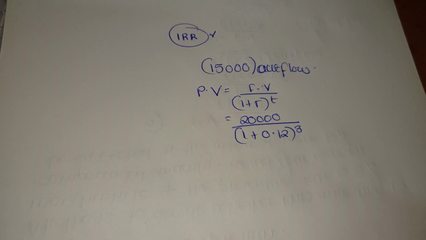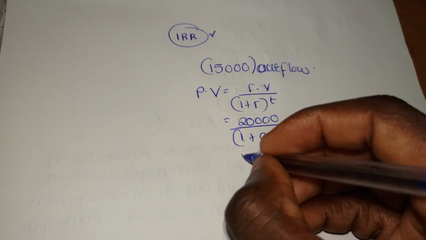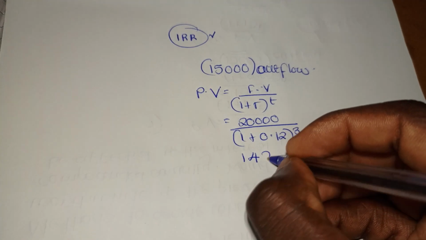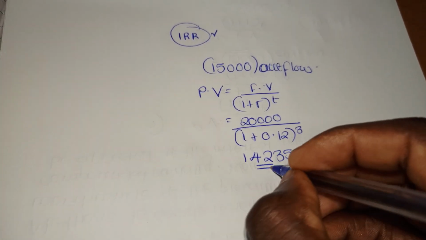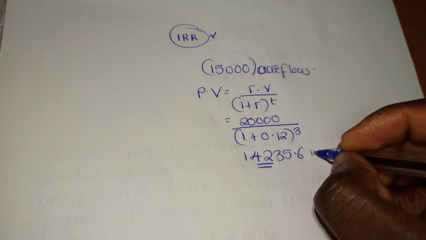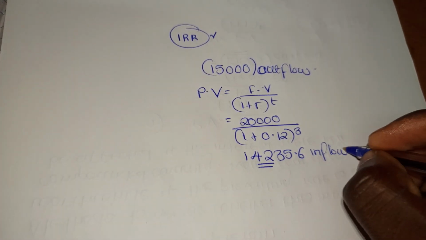So if you were to divide the 20,000 by 1.12 to the power 3, you will get your answer to be 14,235.6. So these are the inflows that we are having when we use 12%.